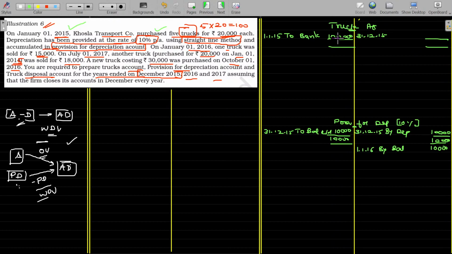Similarly, the truck account, if I tally, 1 lakh, 1 lakh. As I have not adjusted the depreciation here, the truck account will have its own original value. So, by balance 1 lakh. Transfer to the next year, 1/1/16 balance brought down, the value being 1 lakh.